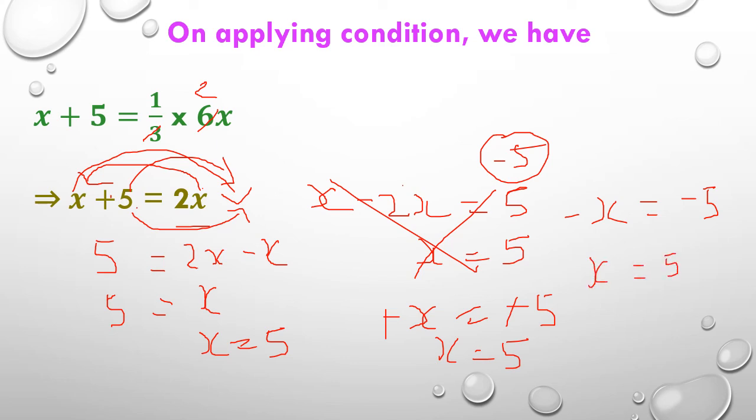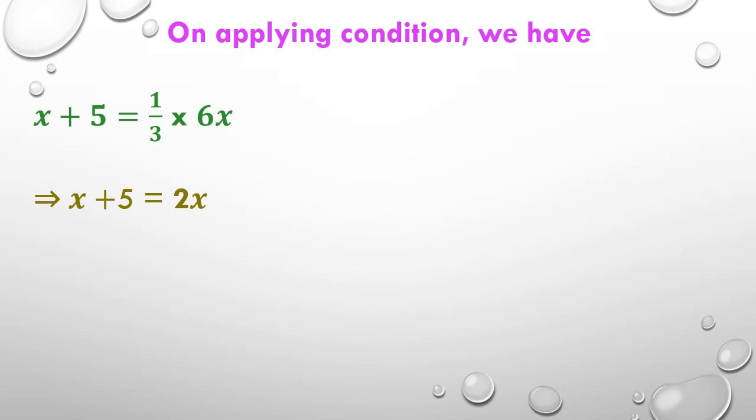So your steps are correct, but do it confidently. You have to just cancel this minus minus and it will become plus. So both ways it is correct, but be careful. As you can see, I have just changed the position of this.